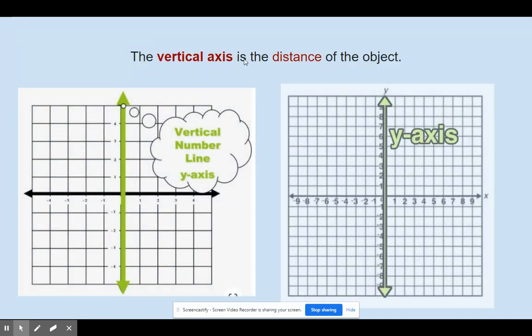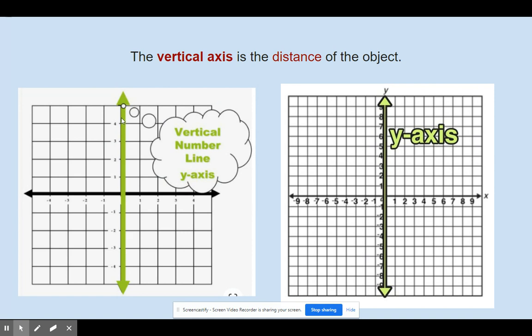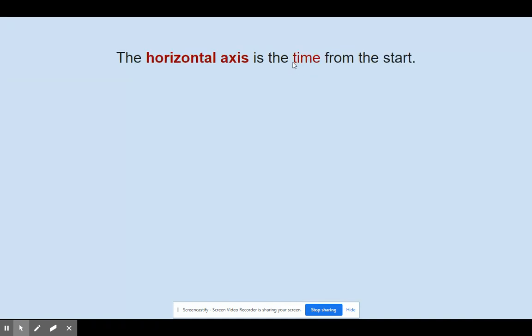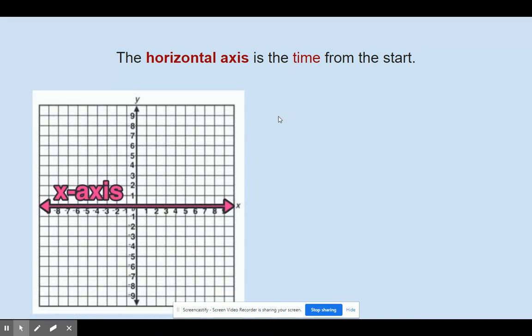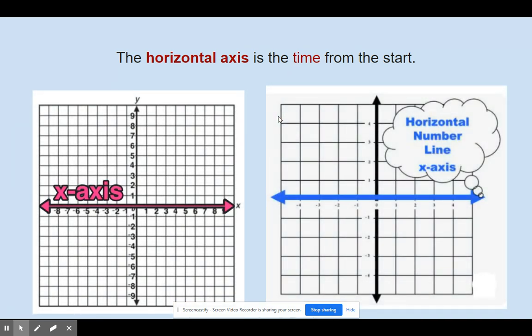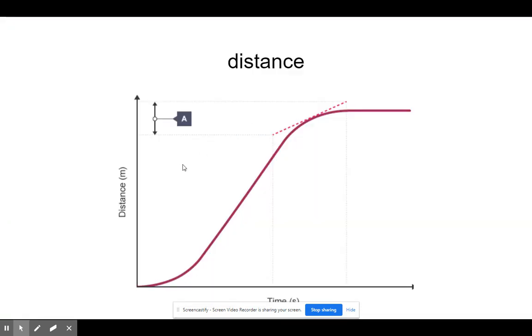So the vertical axis, which is our y, is going to be the distance. And then your horizontal axis is going to be time, just like we went over. Pause if you need to make sure that you have all of these notes, because you need to make sure that you understand that the y-axis is going to have the distance and the horizontal is going to have time. So again, this is distance.